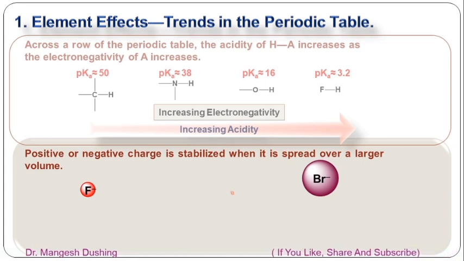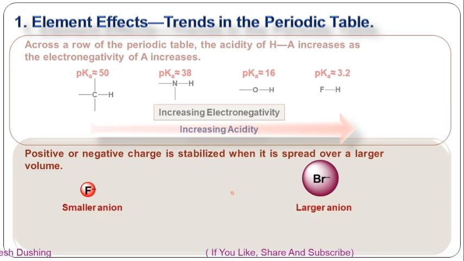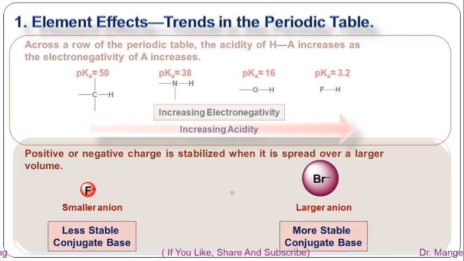If you compare the size of these two ions, the fluoride ion has a smaller size, while the bromide ion is a larger anion with a larger size. The negative charge on the fluoride ion is less stable because the ion has a small volume, while the negative charge on the bromide ion is more stable because the charge is spread over the larger volume of the bromide ion.